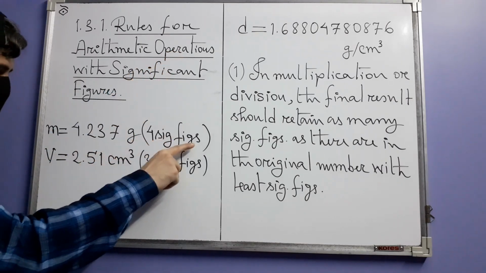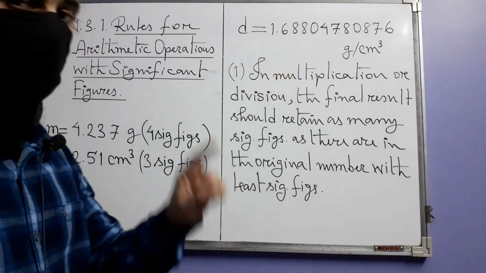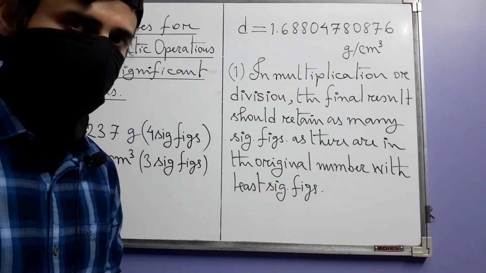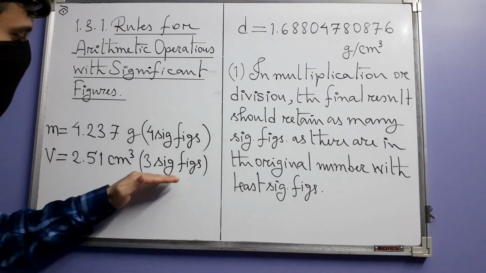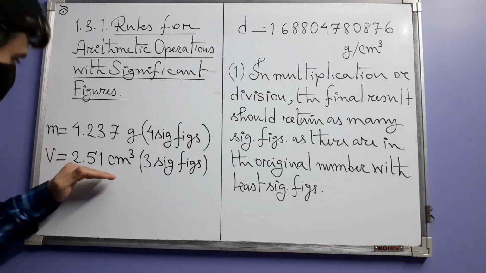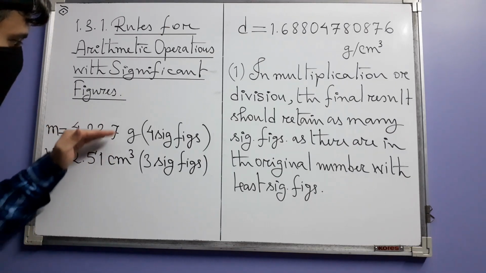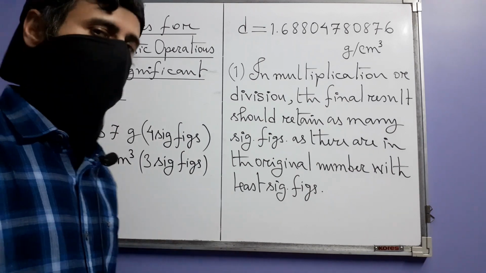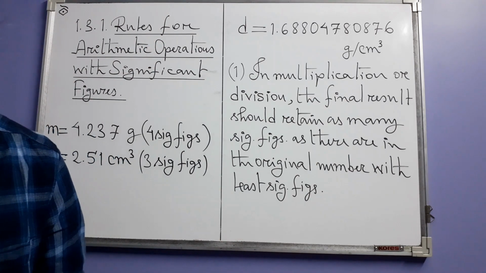This one has 4 and this one has 3 significant figures. So here also we should keep only 3, the least number of significant figures, because that is how accurate this measurement is. So we uniformize the two things and choose the least, and that's why.